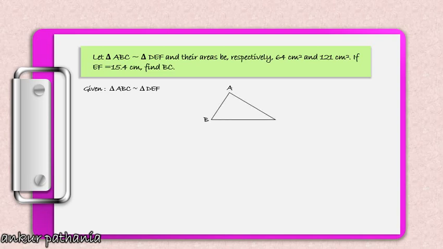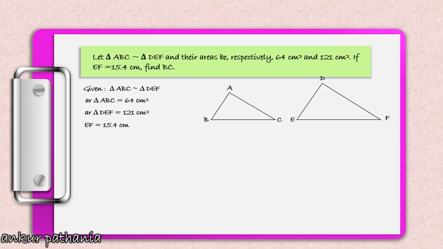So we will draw triangle ABC and triangle DEF, and these two triangles are similar and their areas are also given, that area of triangle ABC is 64 cm square and area of triangle DEF is 121 cm square. EF is also given to us, that is 15.4 cm, and we have to find BC.